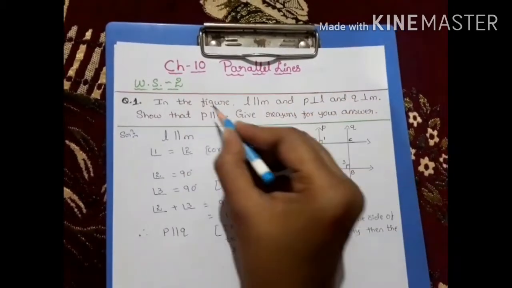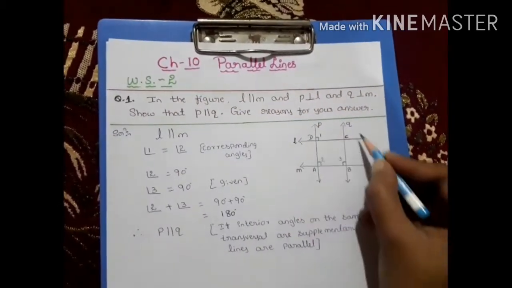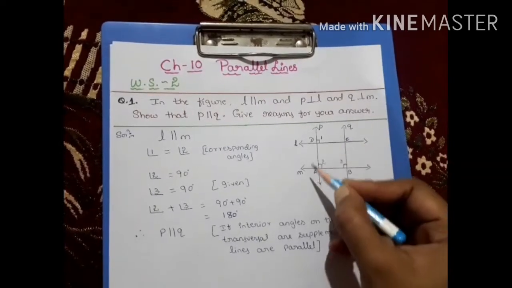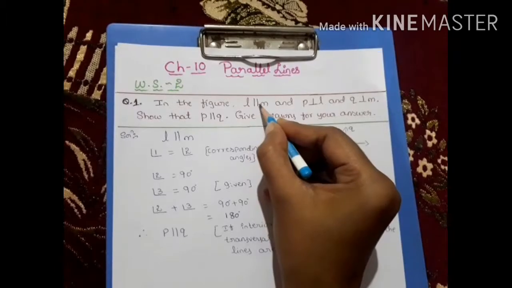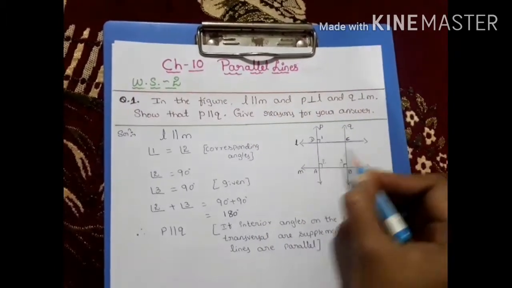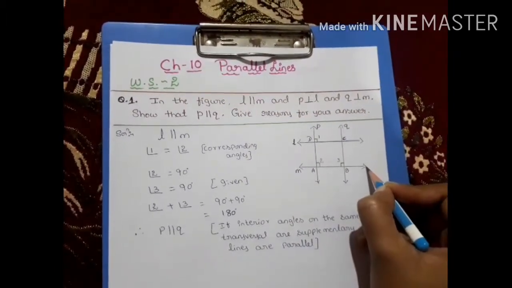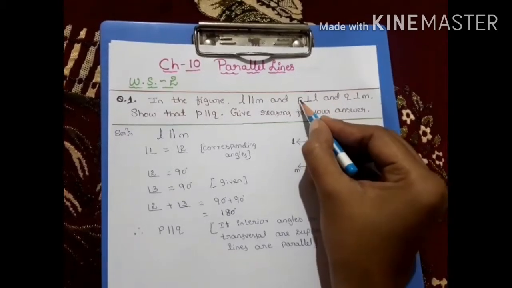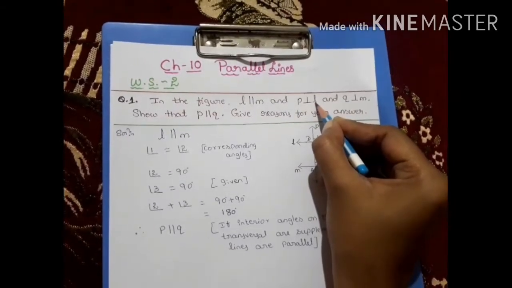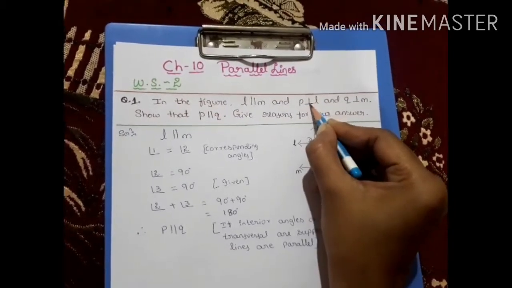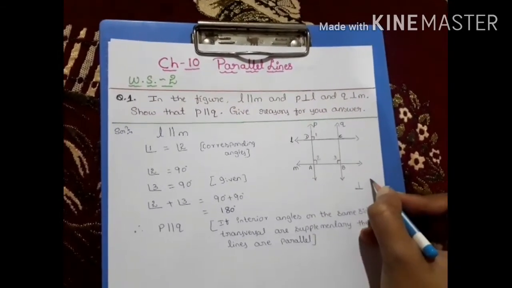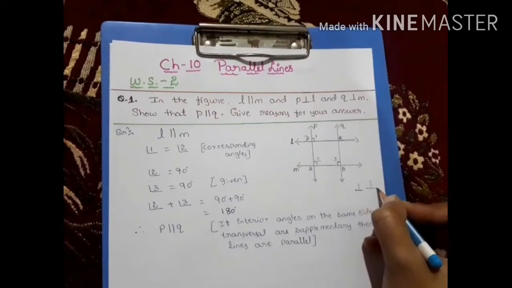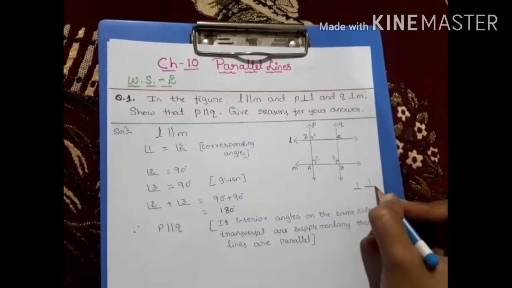Here they are given in the figure: L is parallel to M. This is the symbol for parallel. Also given P is perpendicular to L. This is the symbol for perpendicular, nothing but a line which makes 90 degrees on another line.